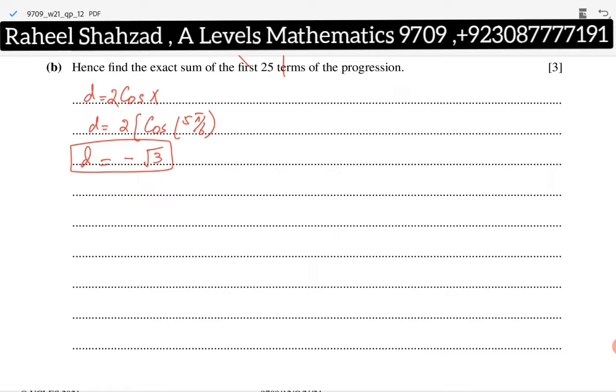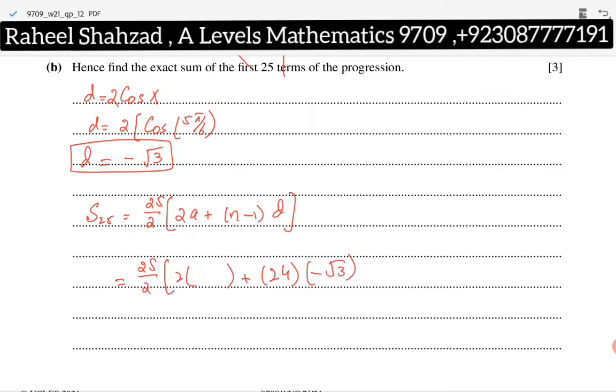Now we need to find the sum of the first 25 terms. So for this sum of 25 terms we will use this formula, 25 by 2 into 2a plus 24 into d. So 25 by 2 into 2a plus 24 into minus under root 3.